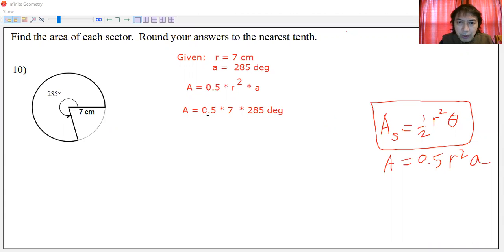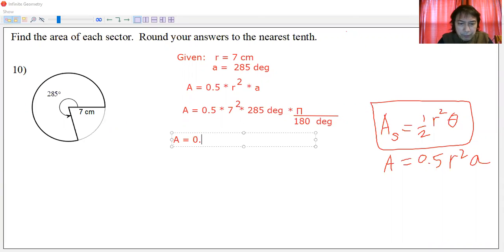Remember this angle is in degrees, so we need to convert this to radians. We will multiply it by pi over 180 degrees, the conversion factor to convert from degrees to radians.